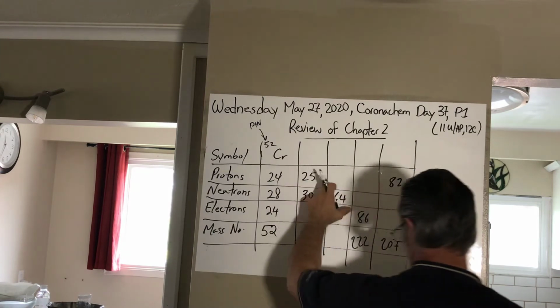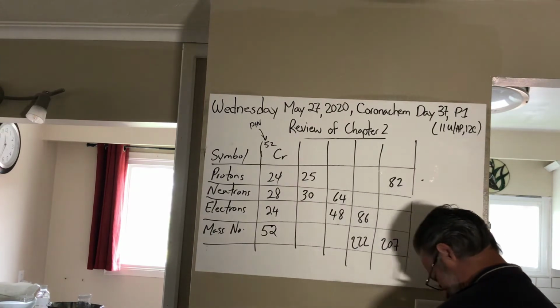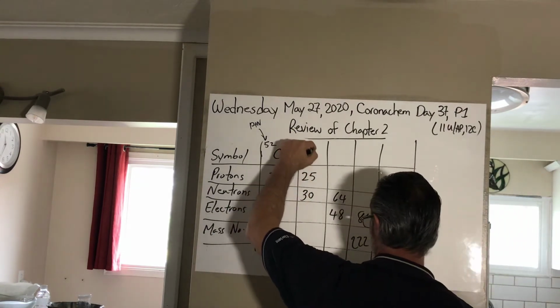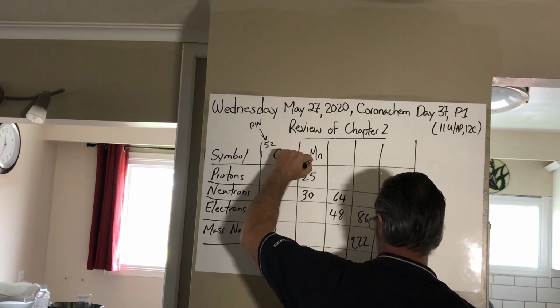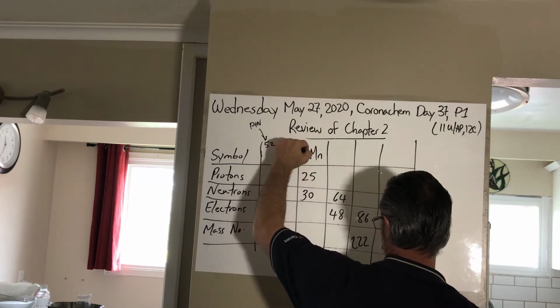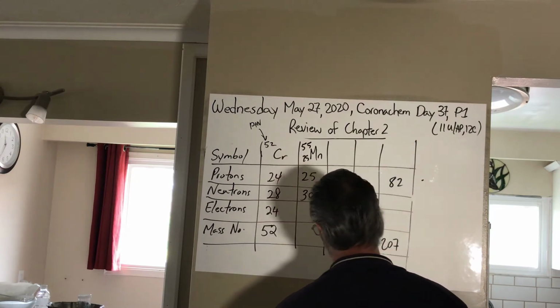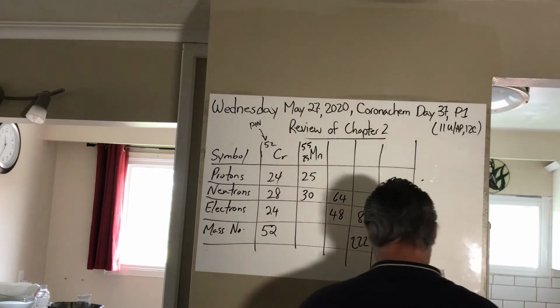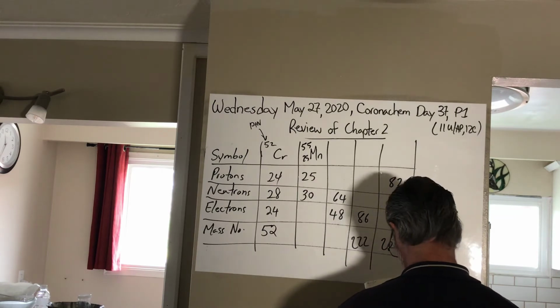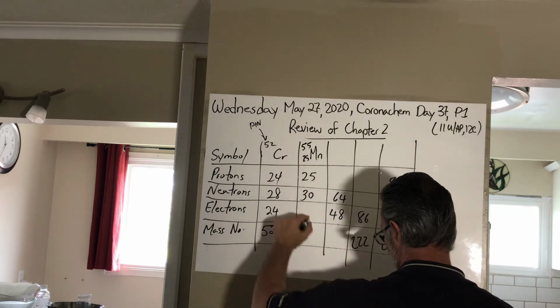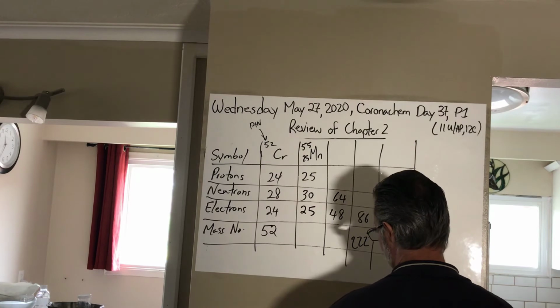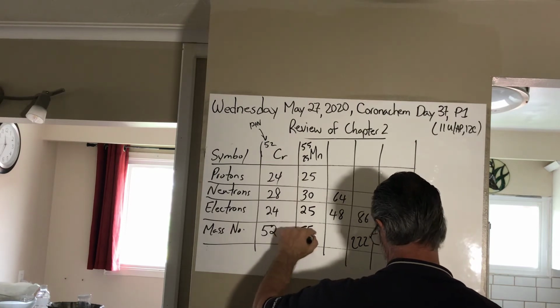This atom has 25 protons, and if you have 25 protons, your name is manganese, and your mass number is 55, because 25 plus 30 gives you 55. There's no charge on the manganese, so you have the same number of electrons, 25, and the mass number is already there, so we're going to put 55.